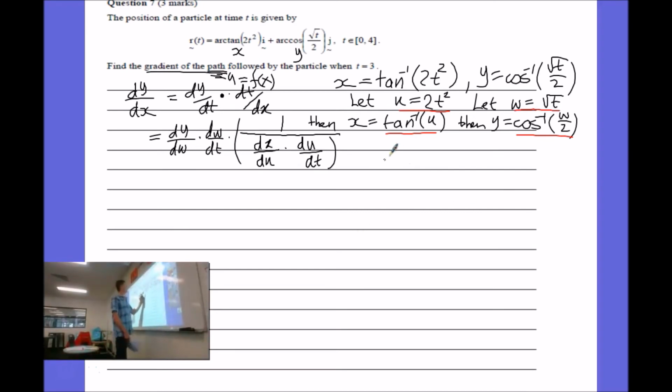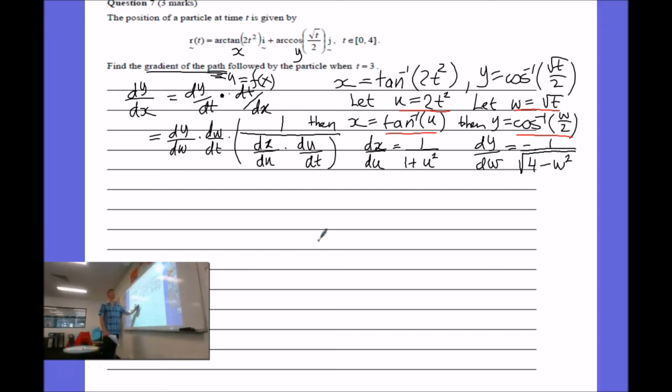Alright, so let's get our 4 derivatives. First, our dx du will go to 1 on 1 plus u squared. Okay? Alright, what about dy dw? Okay, well, that's negative 1 on the square root of 4 minus w squared.